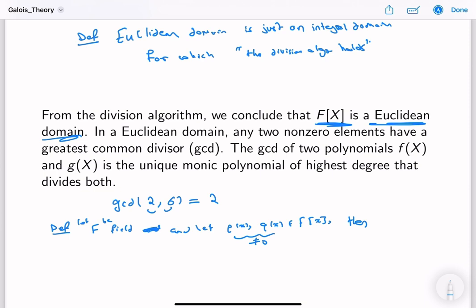Then d of x, which is defined or denoted as the GCD of P of x and Q of x, or the greatest common divisor of these two polynomials, is the unique monic polynomial. I'm going to define what I mean by this.